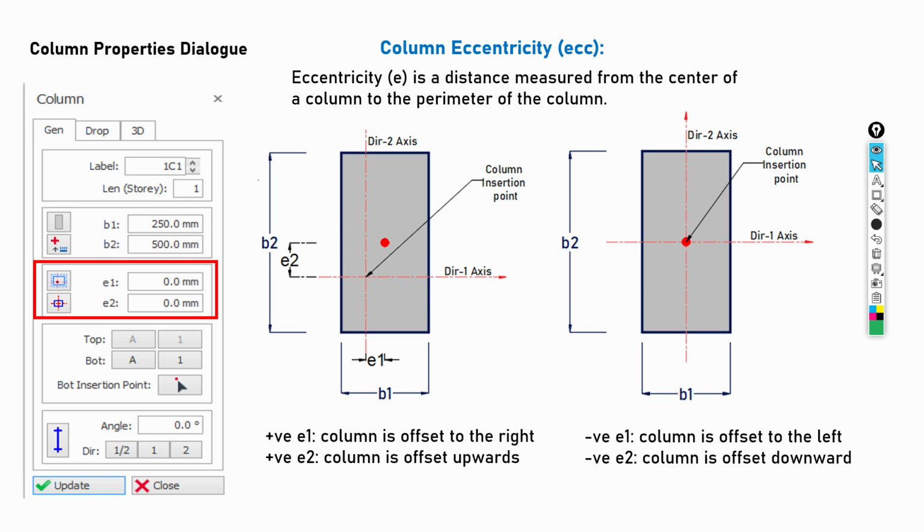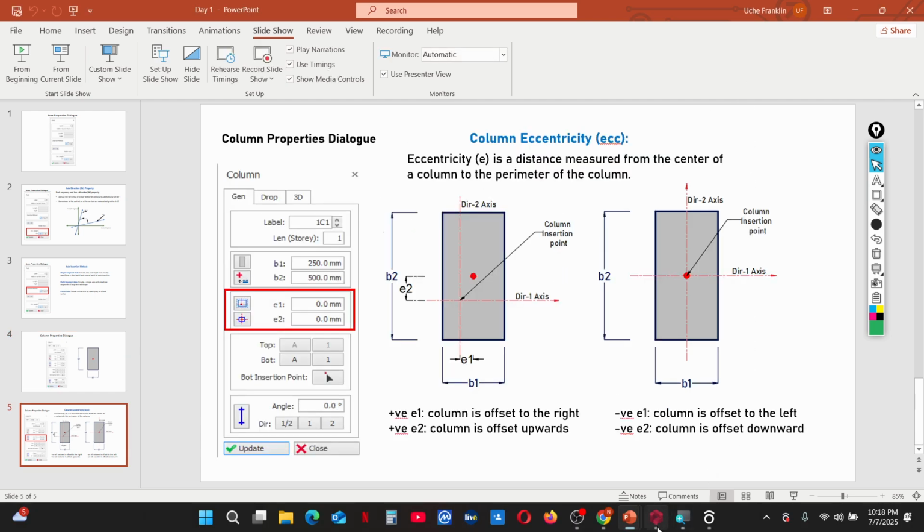So I will advise you to look into this eccentricity, but for now, we are not going to be adding any eccentricity in our column. It is basically used for advanced structural analysis and all that. So when we forge ahead in our class during the advanced sessions, we are going to be talking about all of that. So let's go back to our Prota Structure.